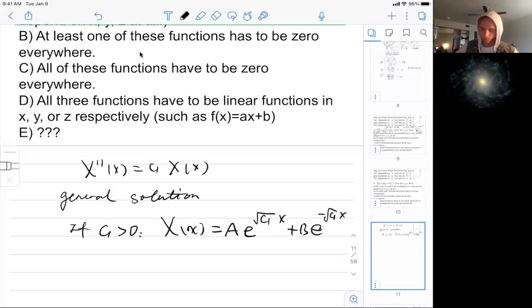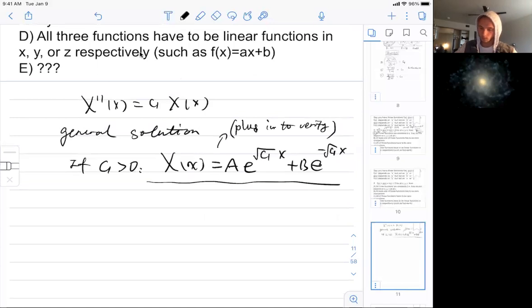You could always plug this back in to verify it is indeed a solution. So that's the general format of what this looks like if C1 is larger than 0.